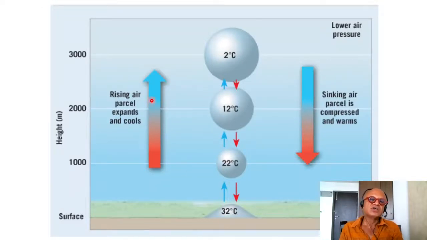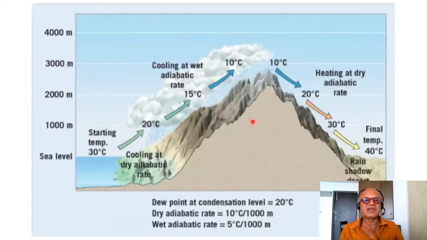So here we are showing rising air expanding and cooling, so 32 degrees centigrade, rising, cooling to 22, 12, 2 degrees, and sinking air going from 2 to 12 to 22 to 32. Not always so adiabatic, not so reversible, but this is a good way to think about rising, expanding, sinking, and warming. So we'll add a little bit more detail to that as we go along.